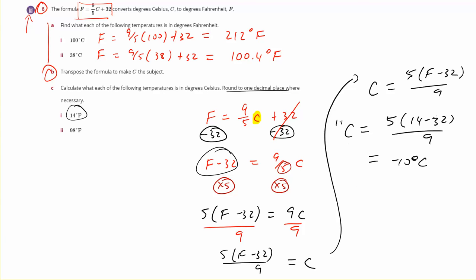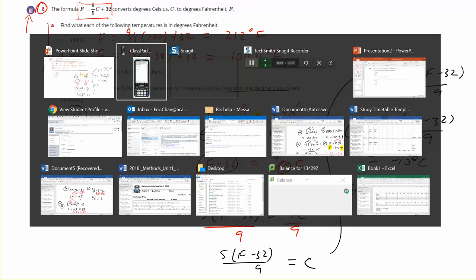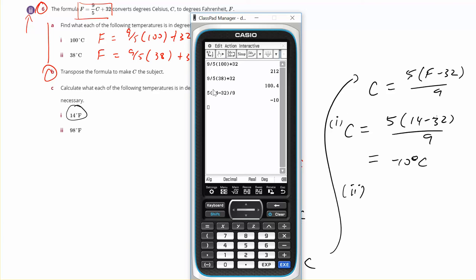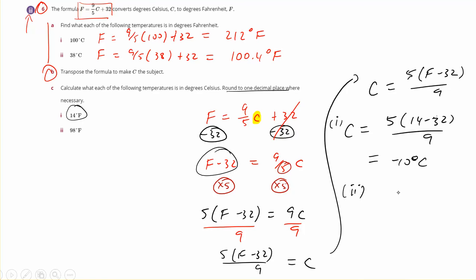And that's part 1. For part 2, let's try 98. If I use the same formula, except it's not 14 now, I've put 98 there, I get 36.7 degrees Celsius, not degrees Fahrenheit, because we're converting Fahrenheit to Celsius.